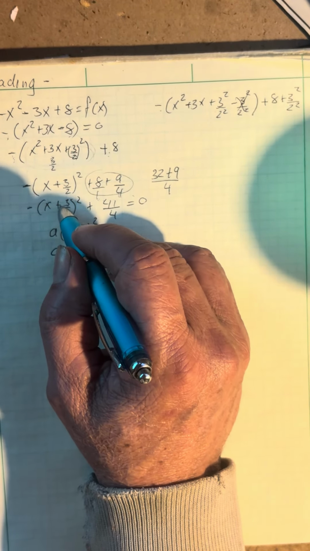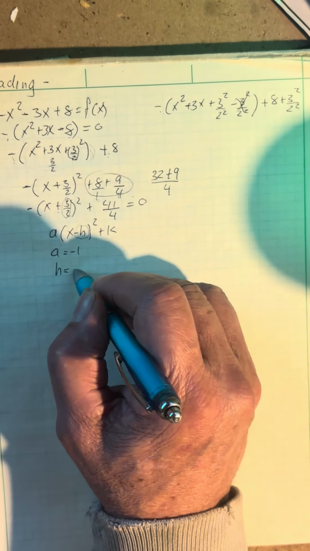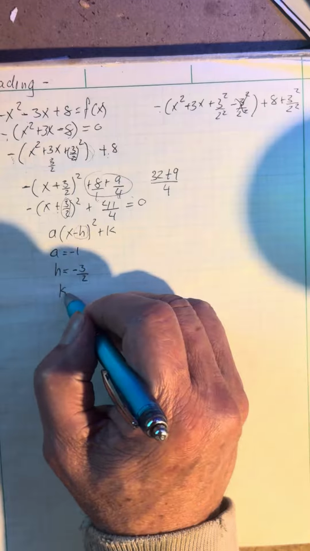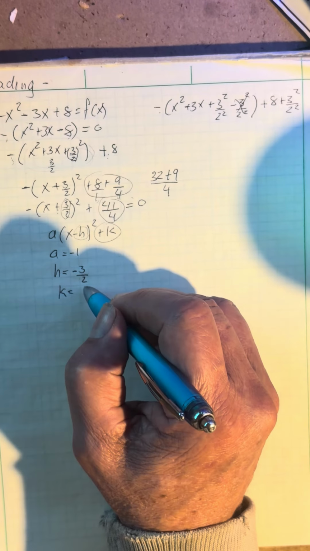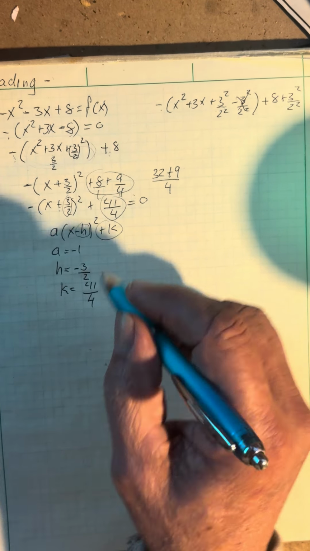So in order for this to be positive, h has to be negative, and k is positive 41/4.